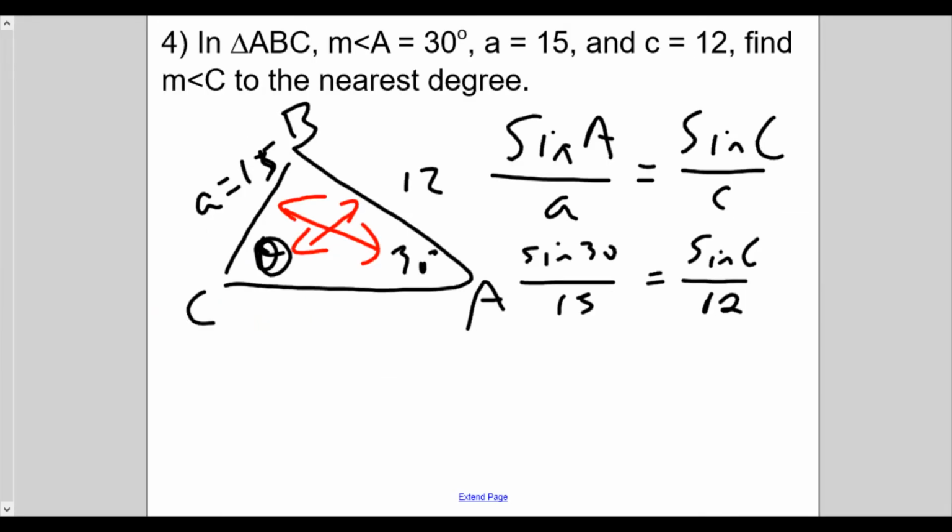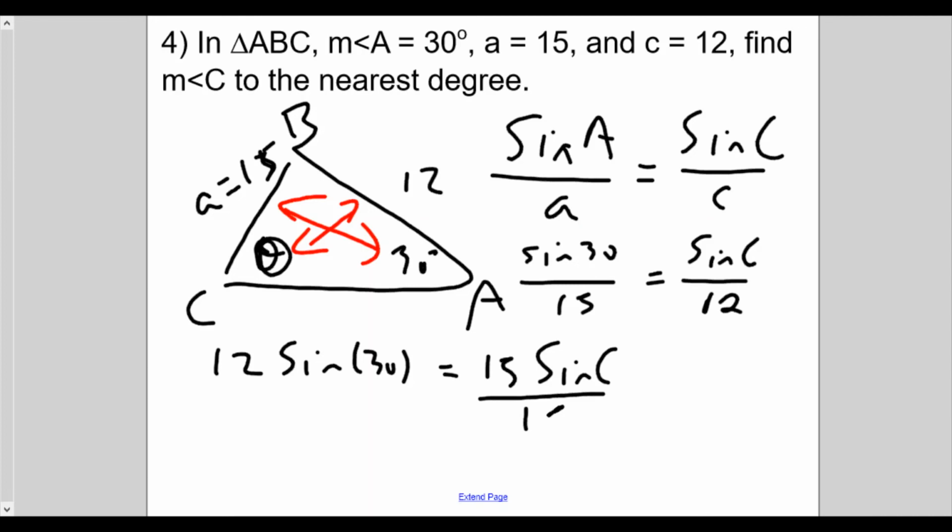Okay, so now we're going to cross multiply, and we have 12 times the sine of 30 equals 15 times the sine of C. All right, so this looks somewhat familiar to what we've done before. We can divide both sides by 15, and then you try to find this value.